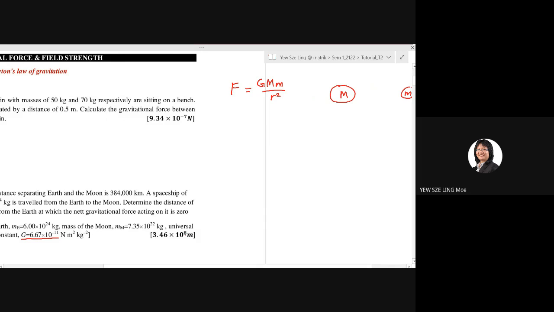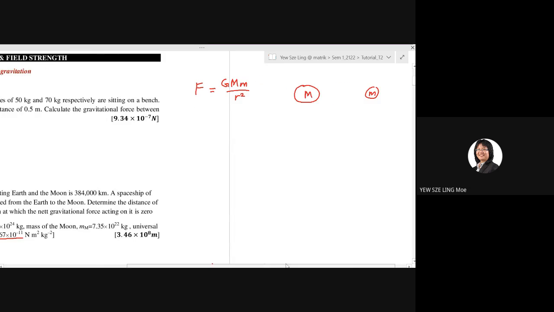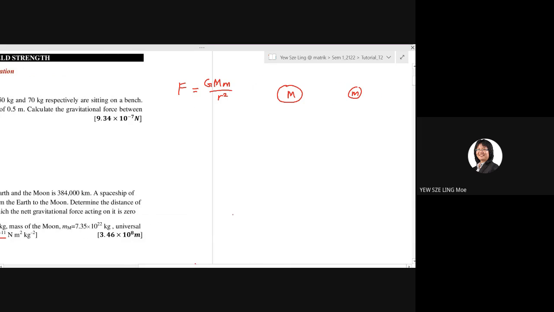If you multiply that with your mass, for example 50 kg and 50 kg, the value will still be very, very small. So the force created by your mass is not significant, not obvious. It can be negligible.